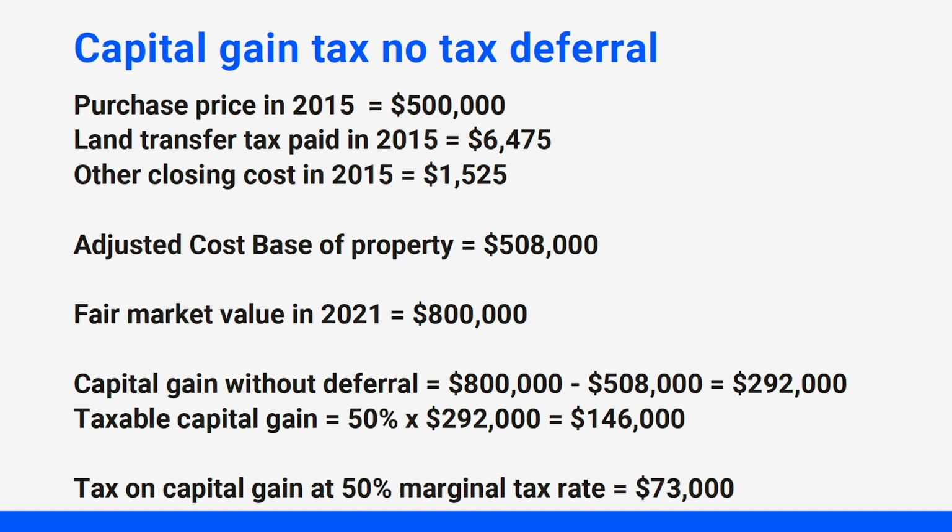If you choose not to file an election and opted to pay for the capital gain tax on the transfer, you will report a capital gain of $292,000. 50% of the $292,000 is taxable, so $146,000. Assuming your marginal tax rate is 50%, you can pay as much as $73,000.